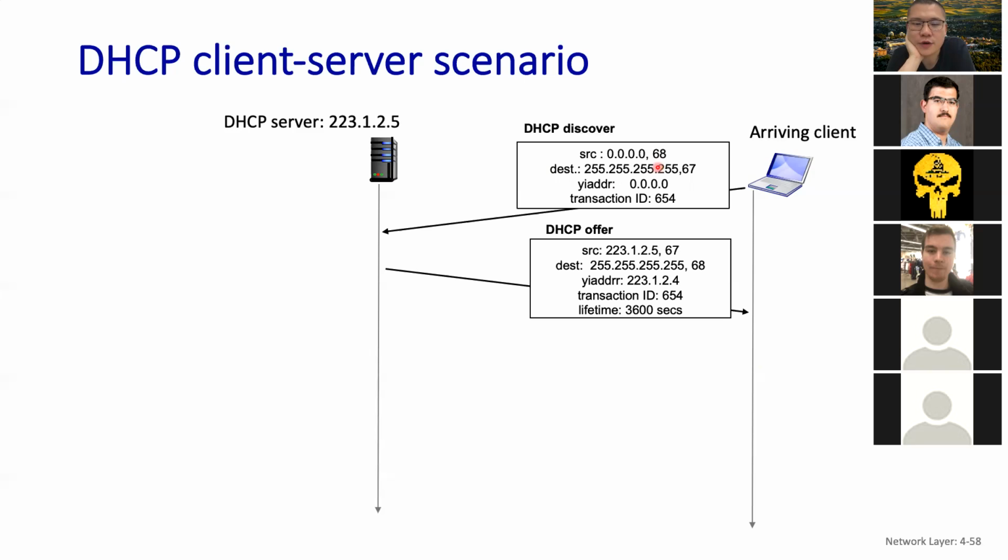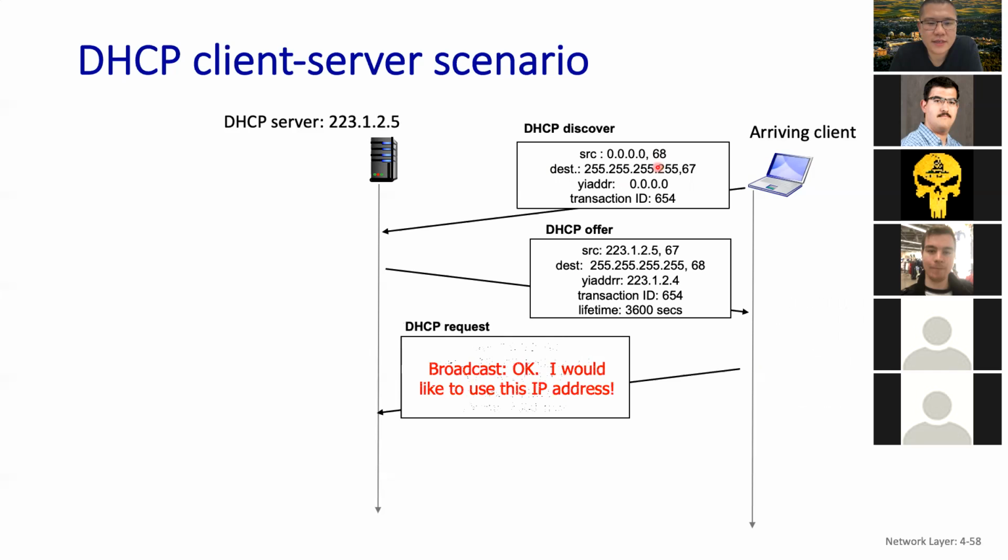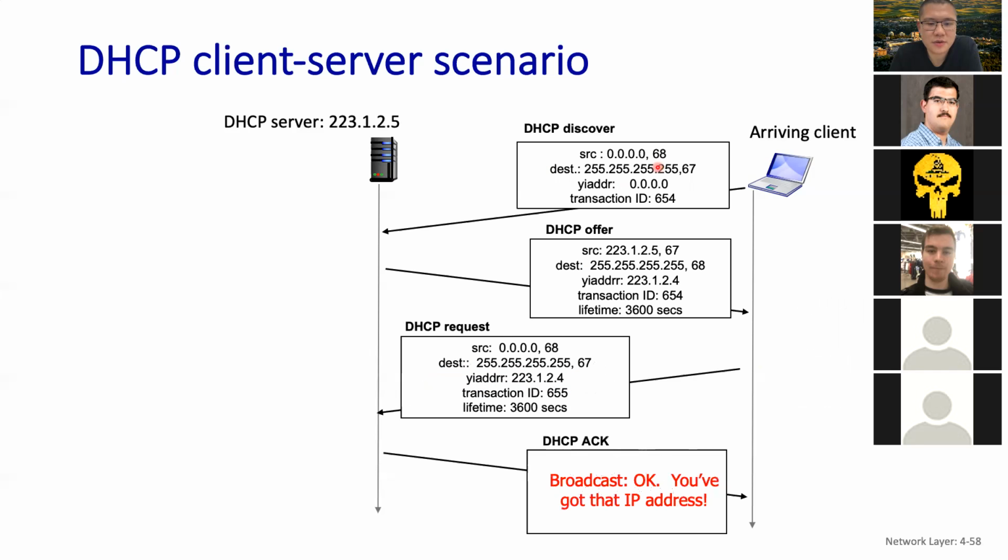Before you fully get your final IP address, it's just a placeholder here, I think. And after you get the new IP address, this source IP address will be changed. Yes. Okay, thanks.